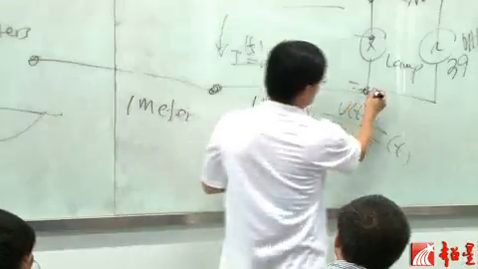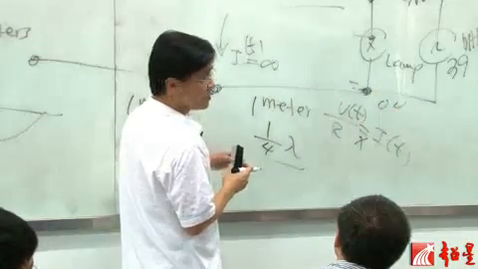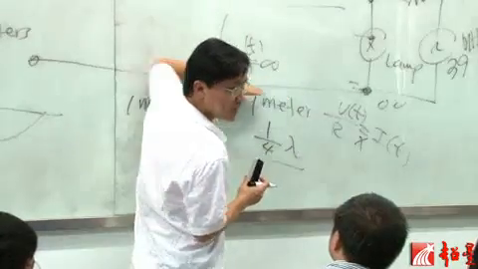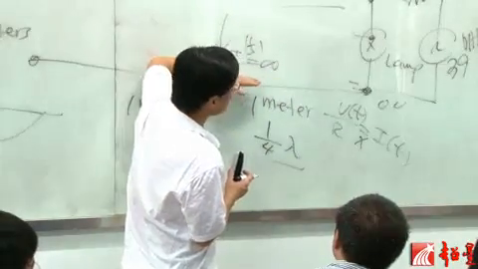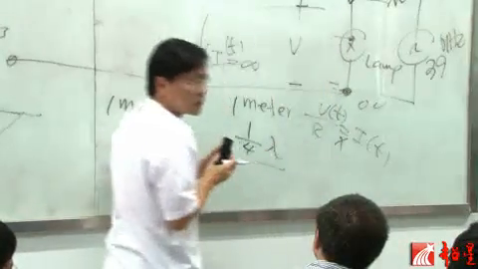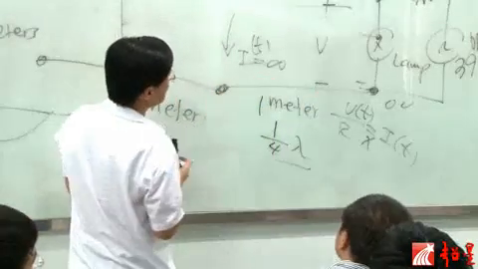No, we're assuming this is the 0 volts reference. This voltage is compared to this line. At this point, voltage is between these two. That's the voltage, right? And this is space. This is distance in space.